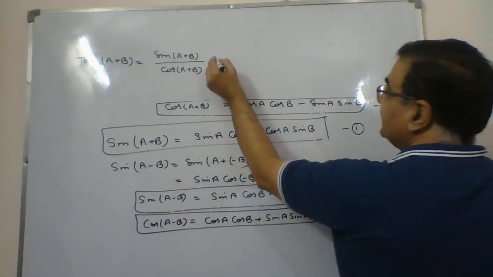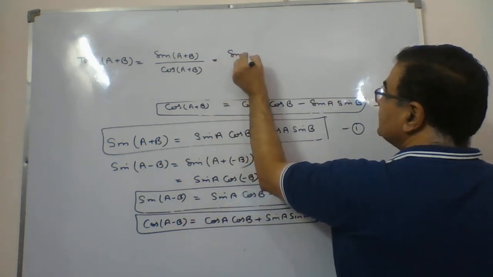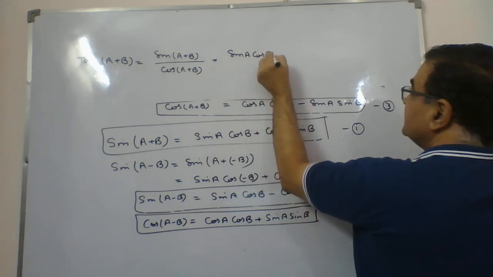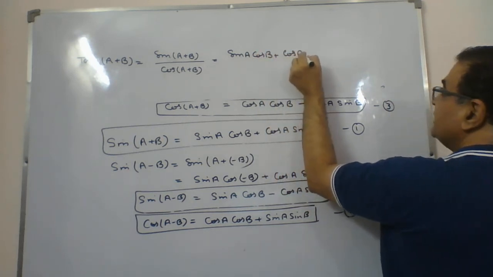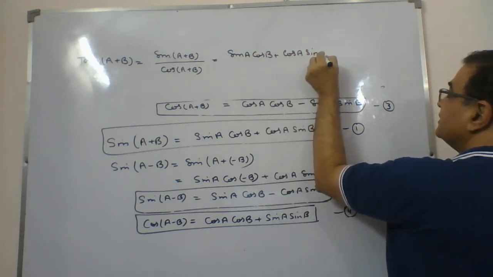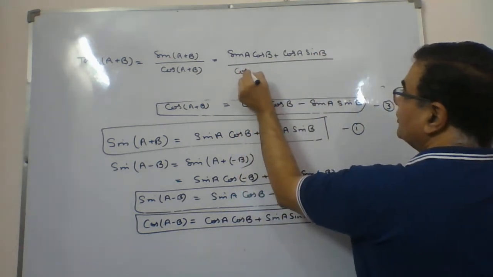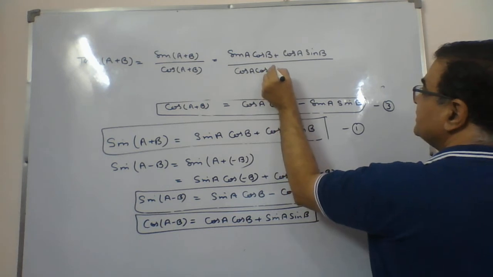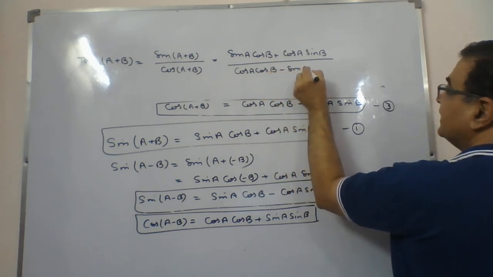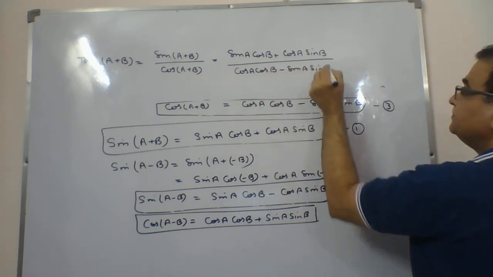When you go for sin(a+b), the formula is sin a cos b plus cos a sin b, whole divided by cos a cos b minus sin a sin b.